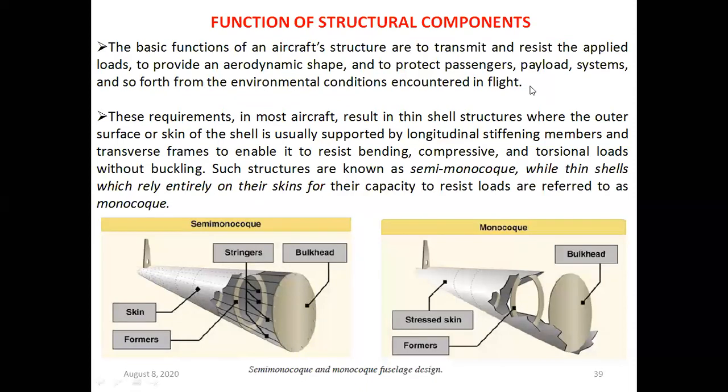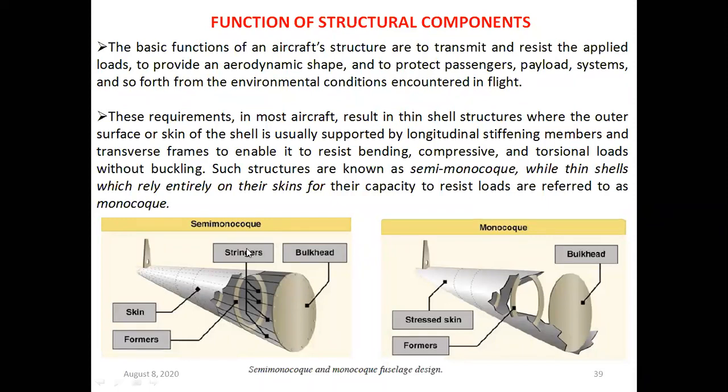Now let us get into the function of structural components. The basic functions of the aircraft structure are to resist and transmit the applied loads, to provide an aerodynamic shape, and to protect passengers, payload, and systems from the environmental conditions that are encountered during flight.